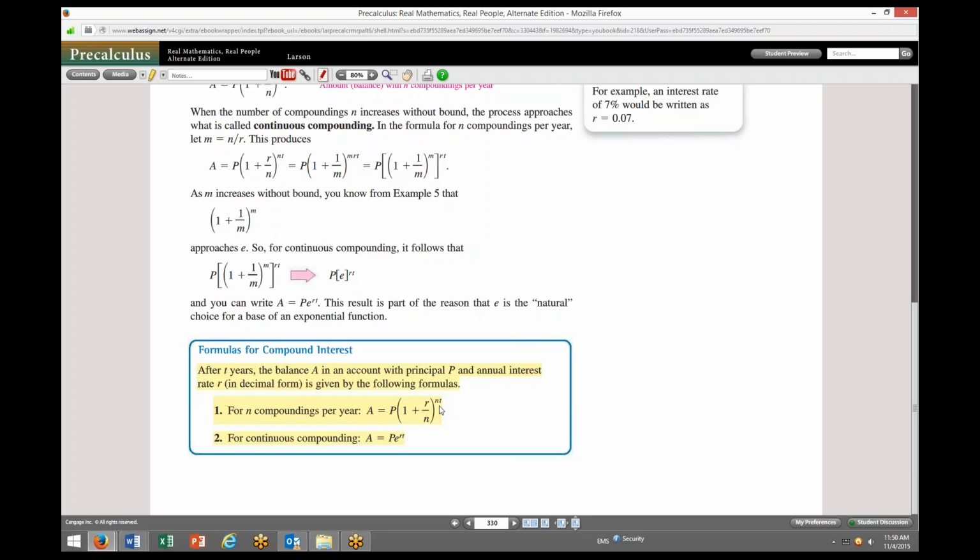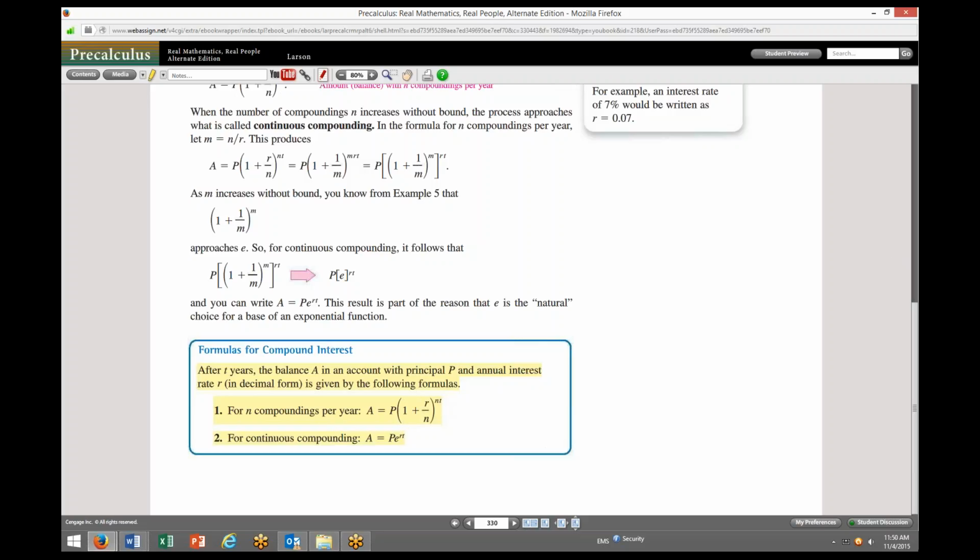So let's consider that. If you left some money in there, say for 5 years, and it was compounded monthly, that means little n equals 12, and when it's being left for 5 years, so t equals 5.